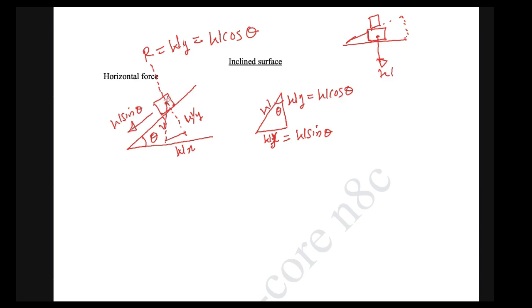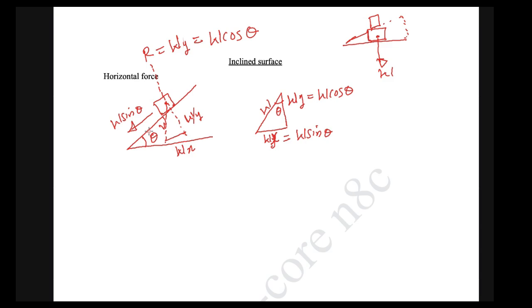The force that is responsible for this object in an inclined plane to slide down is the horizontal component of the weight, which is W sine theta. So always bear in mind that W sine theta is always present in an inclined surface.